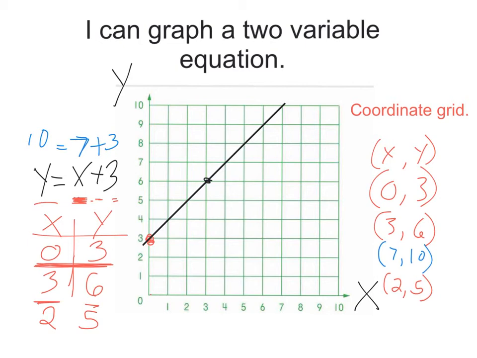So I've plotted all of these ordered pairs on my coordinate grid. And actually, I only started with 2 points. I started with 0, 3 and 3, 6. And that gave me this line right here. That line represents this function, the equation y equals x plus 3.